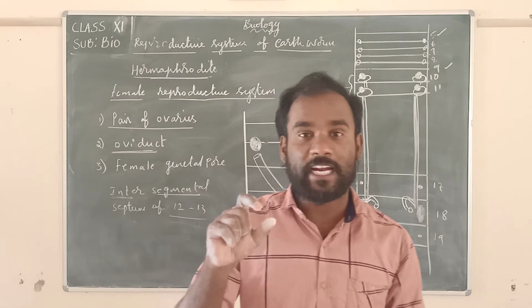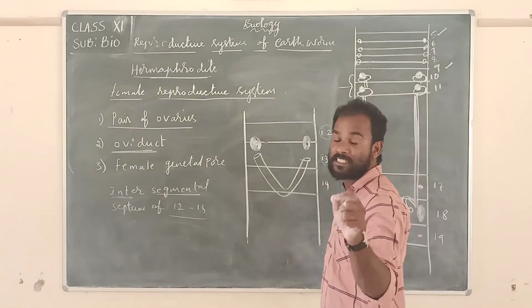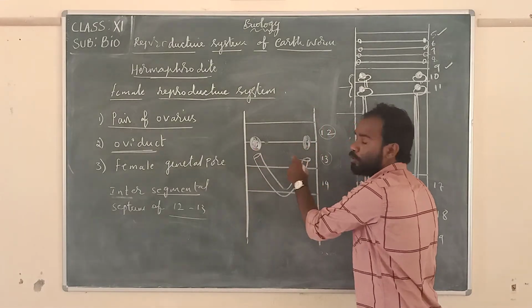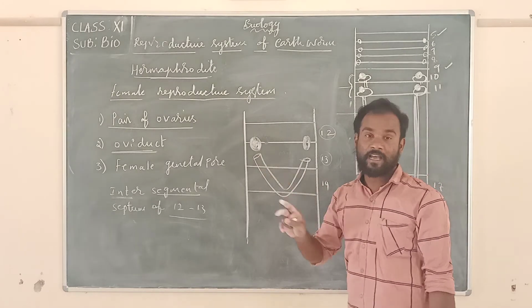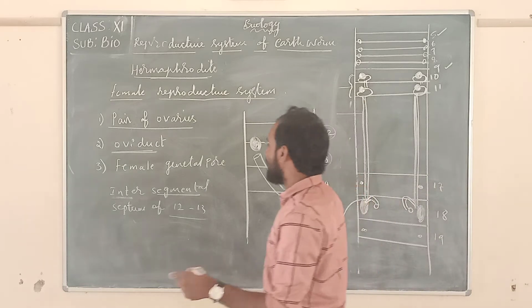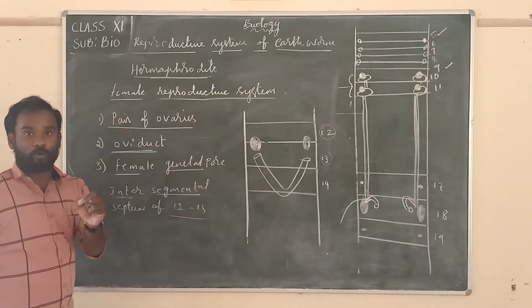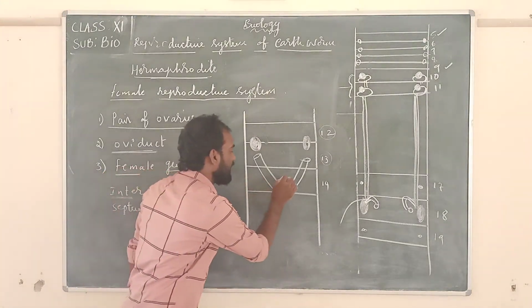Where is this oviduct present? This oviduct is present just beneath the ovaries. Understood? Now, finally, there is a single female genital pore in the 14th segment, exactly at the center.